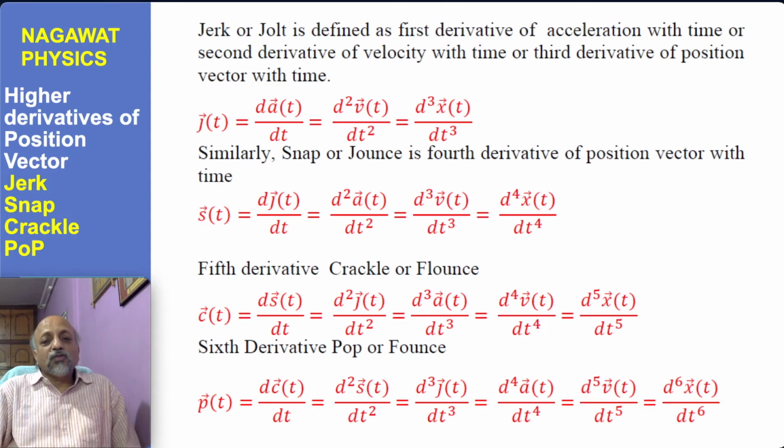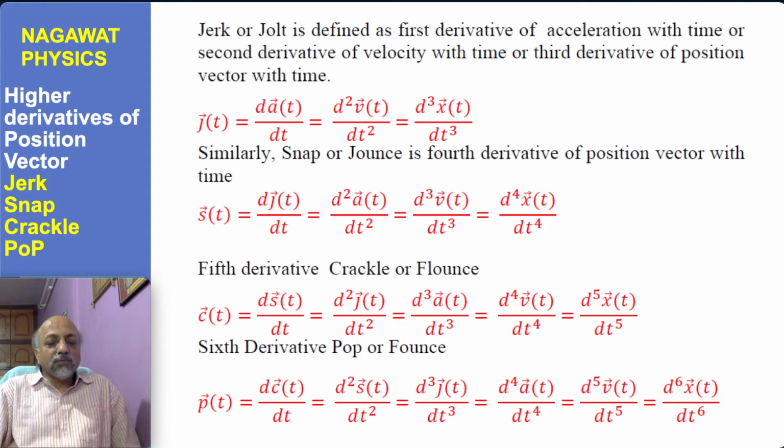Snap or jounce is the rate of change of jerk, as jerk is the rate of change of acceleration, or first derivative of acceleration with respect to time. Similarly, snap is the first derivative of jerk with respect to time, or the fourth derivative of position with respect to time.